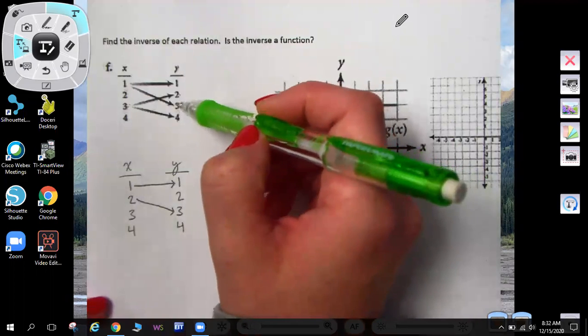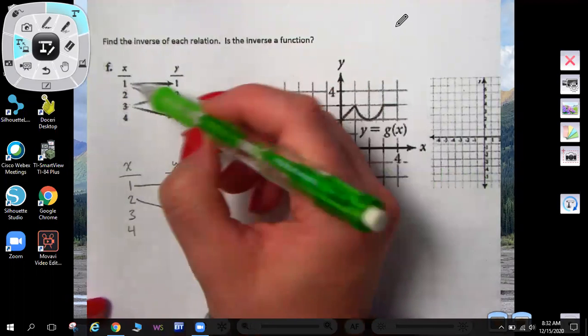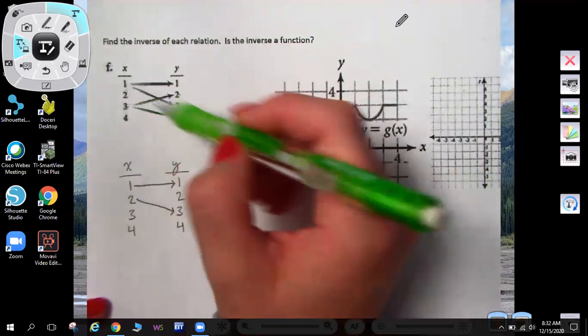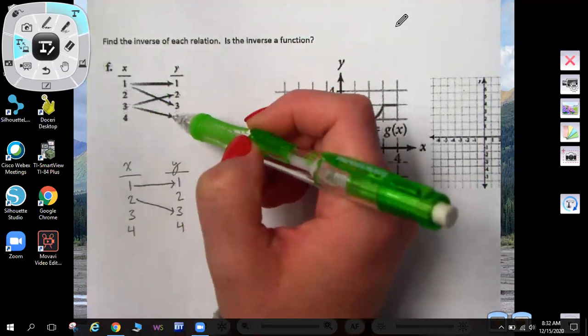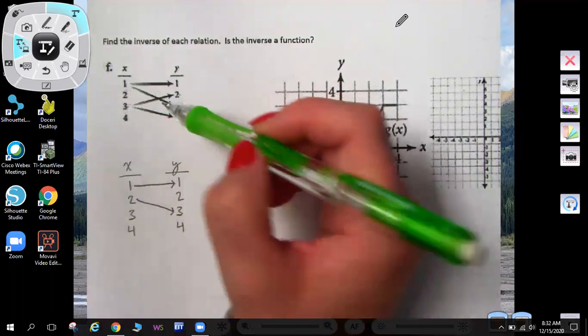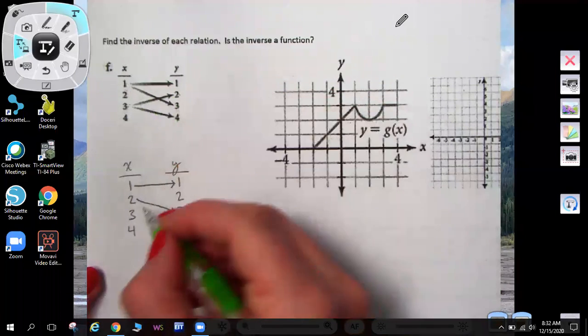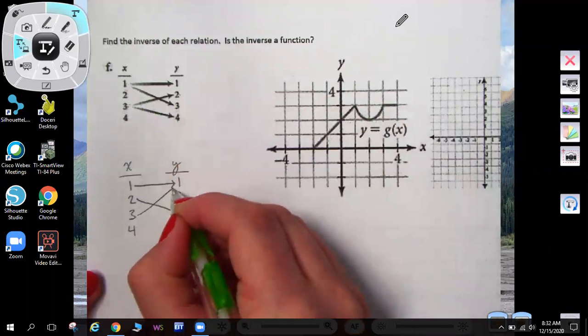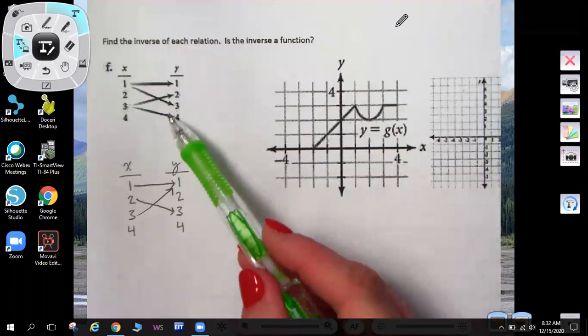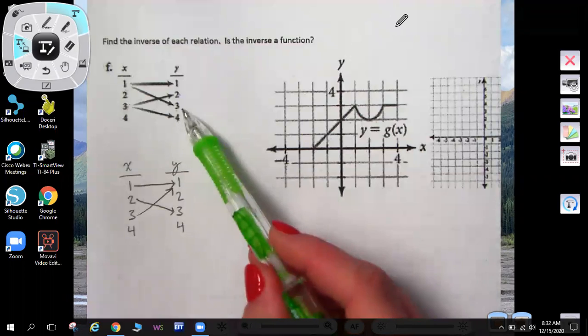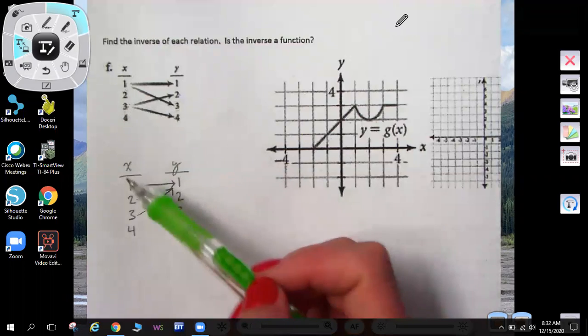Okay, next we have a y value of 3 that came from an x value of 1. Y value of 3, x value of 1. Switch those, and we have an x value of 3 that goes to a y value of 1. And the last arrow, a y value of 4 that came from an x value of 3.